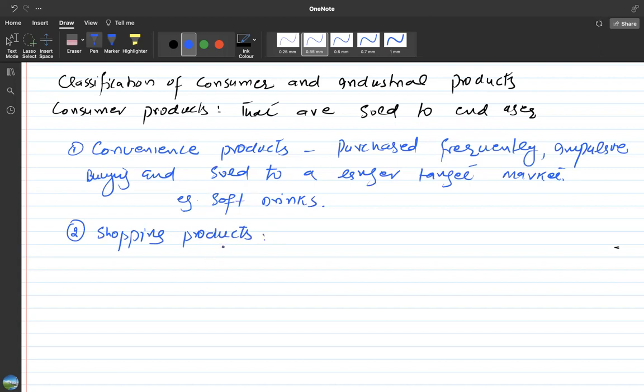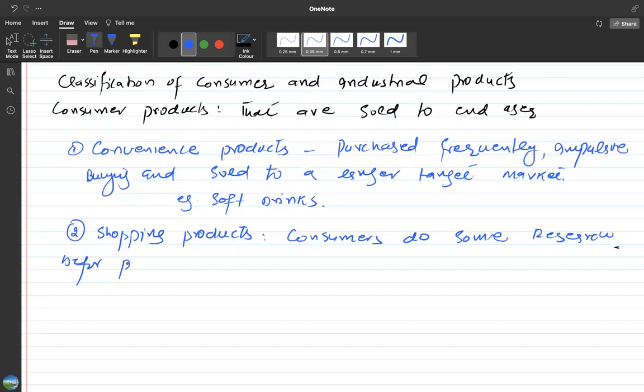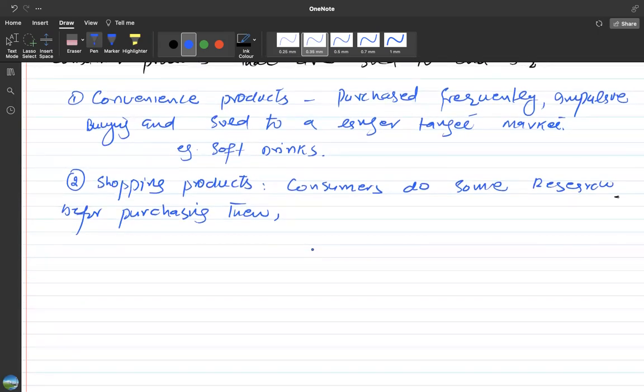Second, shopping products. They usually require some planning and research by consumers before being purchased. For example, if a female consumer is going to buy a washing machine, she will do some research: which washing machine is better, what size of washing machine I must buy, what is the usage of electricity, etc. These are the little research the female consumer would take.